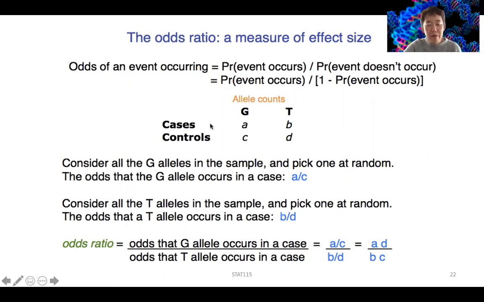If you look at the cases, how many times the G allele appears in the cases versus controls, and for the T allele, how many times it appears in the cases and controls, the odds ratio is basically AD divided by BC, and that will give you a score.